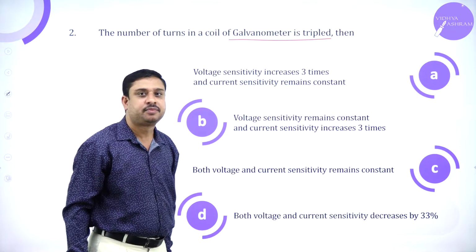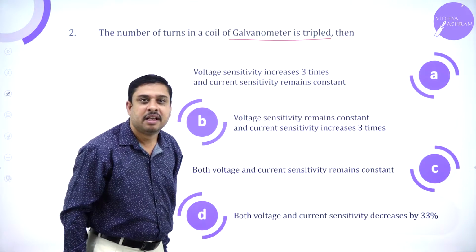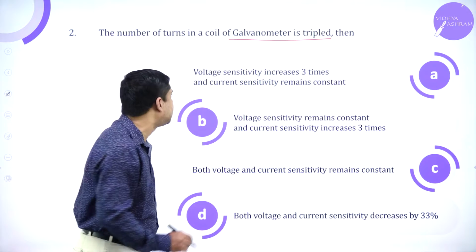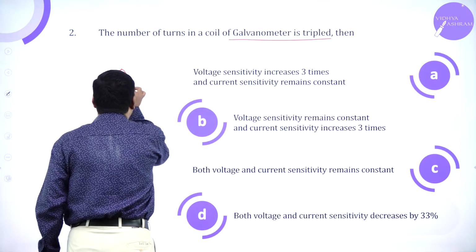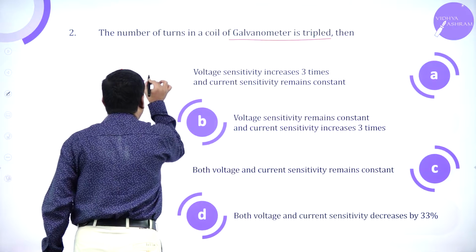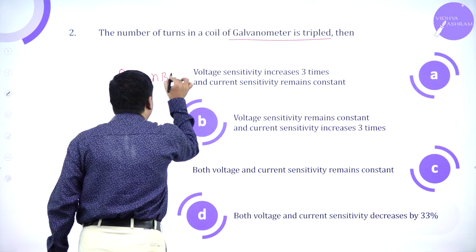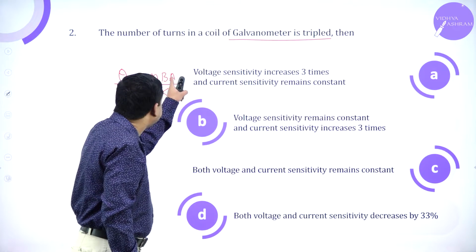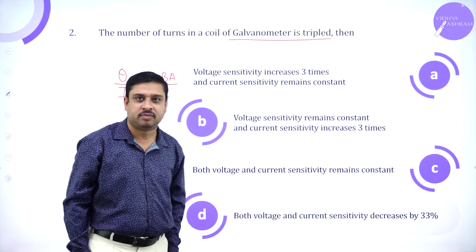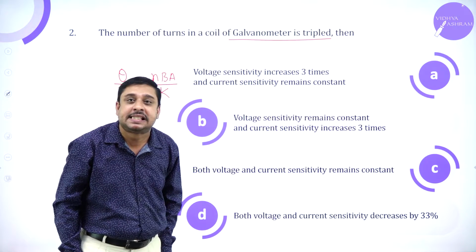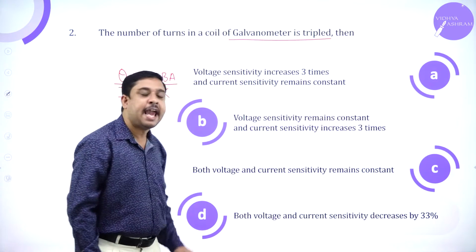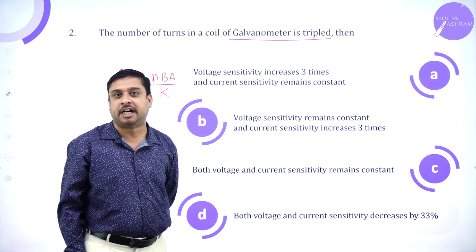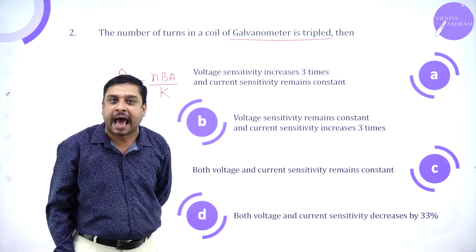If you remember, we define a parameter called current sensitivity, where current sensitivity, theta divided by I, is N B A divided by K, where K is called a constant, the reduction factor of the given galvanometer.